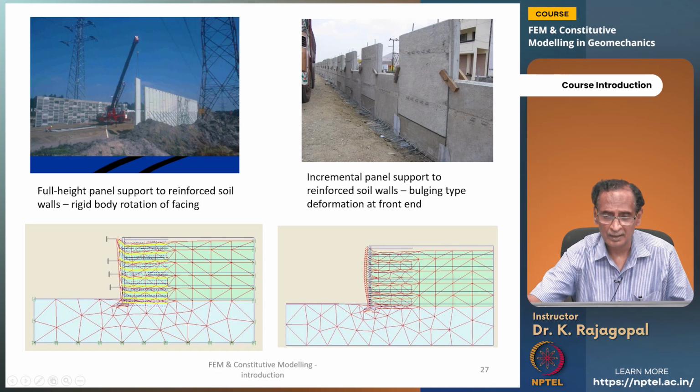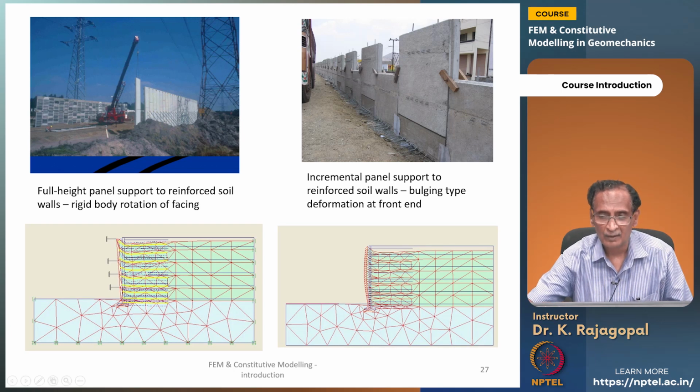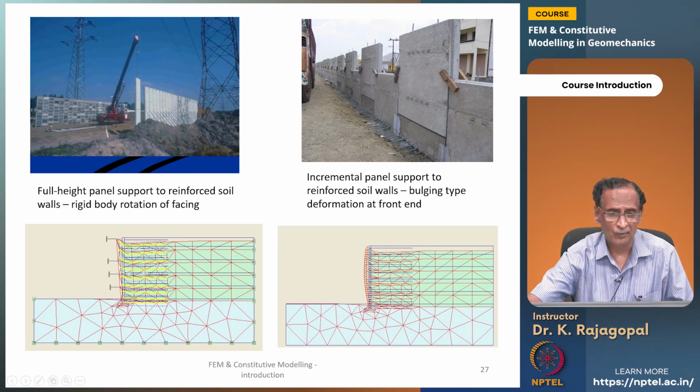Then on the right hand side, you see some other type of reinforced soil retaining wall, where the entire height is not one single panel, but multiple panels like this. And here you see the deformed shape is totally different. Here it is rotated around the bottom, whereas there is some rotation, but then more of a bulging type failure.